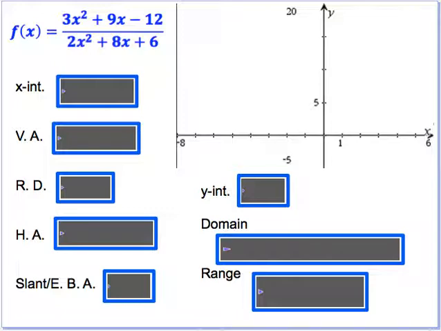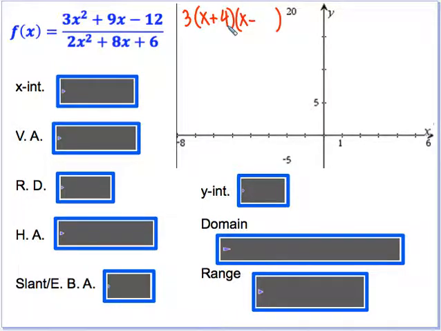Okay, here's another example. With this one, you would want to factor out the 3 in the numerator, and that gives you x squared plus 3x minus 4. So you would have two numbers that multiply together to get negative 4 and add together to get positive 3.